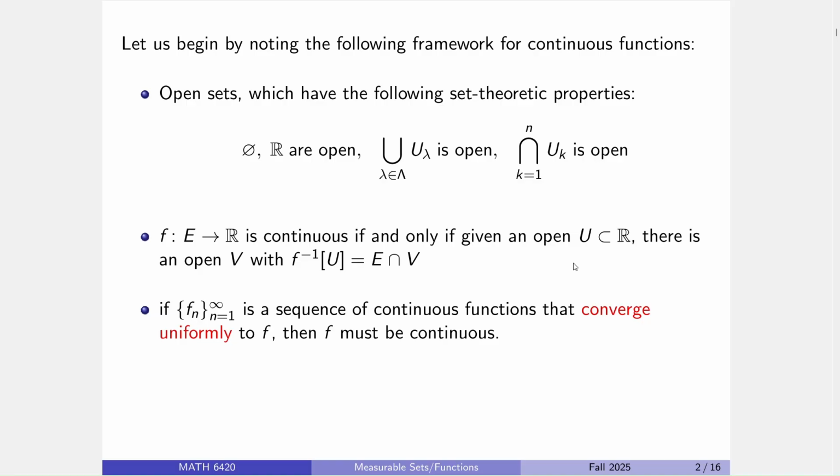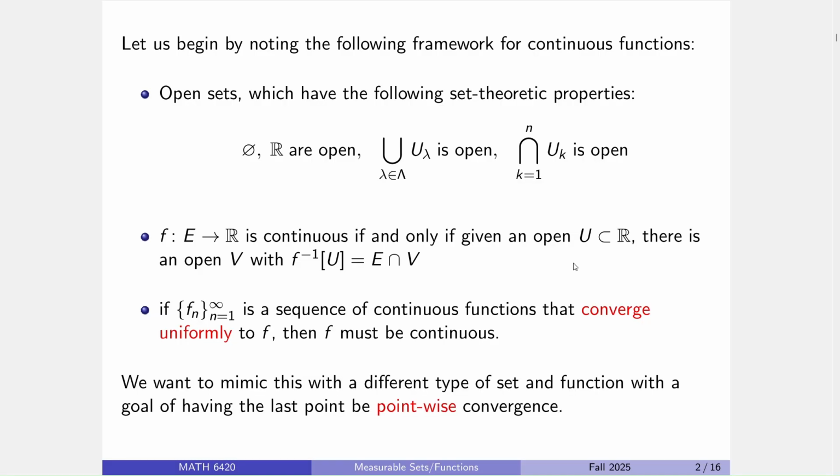So naturally, with this laid out, you can guess what we're going to do. We want to mimic everything we see here. I have sets that have set theoretic behavior, and I have functions that treat inverse images in a certain way. And what really fails with the Riemann integral is that there are things we can make pointwise limits of, but the pointwise limit fails to be integrable.